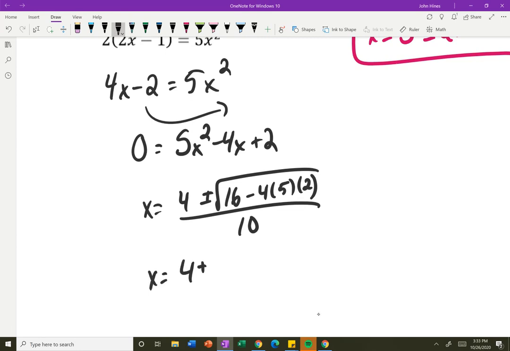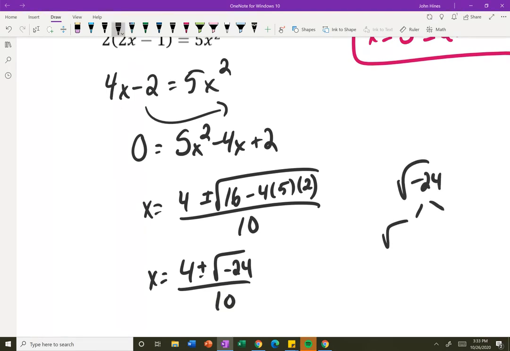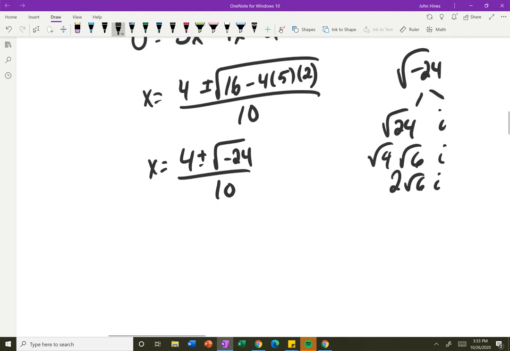So we type in our discriminant and find out what it comes out to be. I'm going to try to do this in my head, but I'm just going to pick up my calculator to be safe. I get negative 24 over 10. So how do I deal with negative 24? How do I split that up? Well, 24i, which is 4 and 6, so 2 radical 6i.